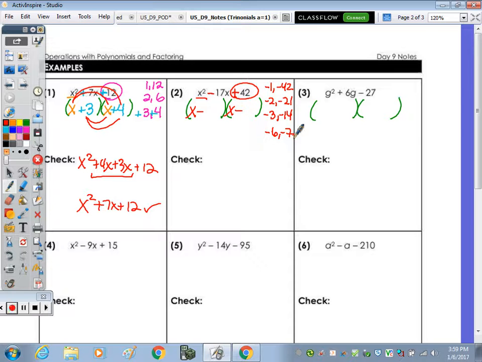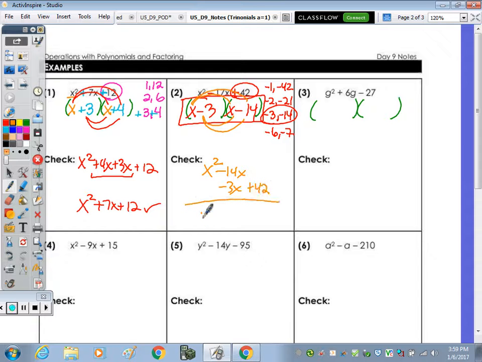The two that combine to -17 are -3 and -14. So if we check by multiplying, x times x is x squared, x times -14 is -14x, -3 times x is -3x, and -3 times -14 is a positive 42. Combining, we get x squared minus 17x plus 42. It works.